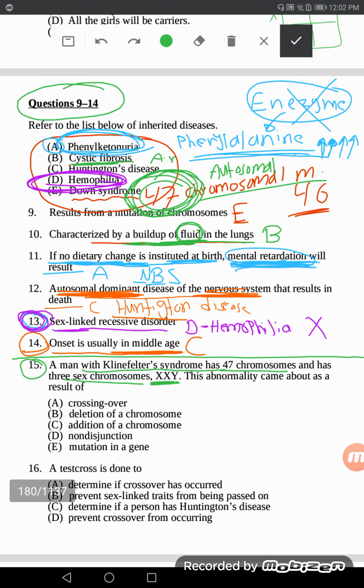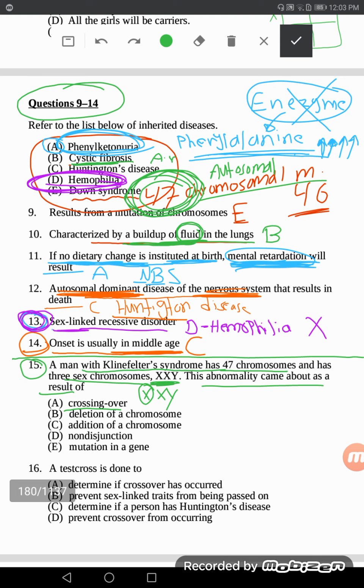So this abnormality came about as a result of what? From Klinefelter syndrome, this man has one more X. We know that a normal man is XY, okay, but that one has one more X, and this causes abnormality in their behavior. So is it from crossing over? Crossing over has no relation with that, okay.